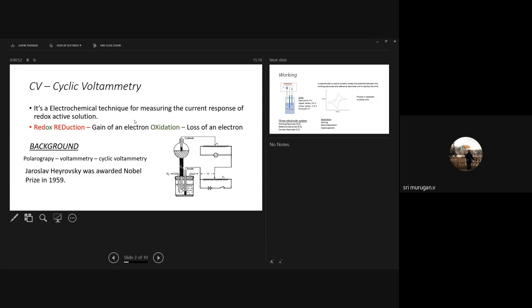It basically measures the current response from a redox active solution. Redox means reduction, a gain of electrons, and oxidation, a loss of electrons.